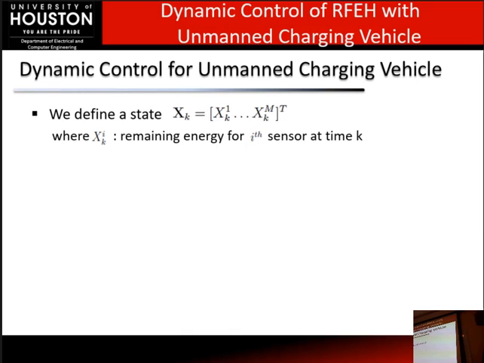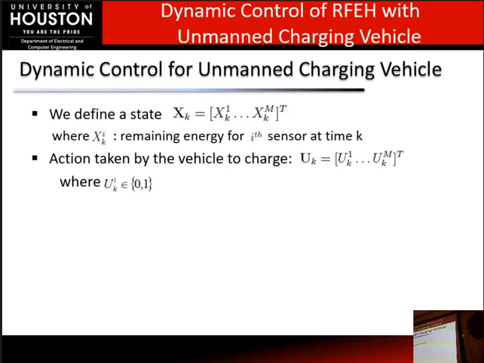Next, I will show the formulation of the dynamic control. We define a state, xk, where x stands for the remaining energy for one sensor at a specific time, k. The action that has to be taken by the charge vehicle is to wirelessly charge. So the action is either 1, which means charge, or 0, which means not charge.